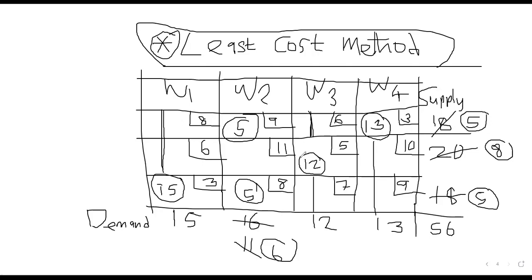So now there's a demand of 6 and then there's supply of 8 here, meaning that even if the supply is 8, what has been demanded is only 6. So you can supply the 6 there.